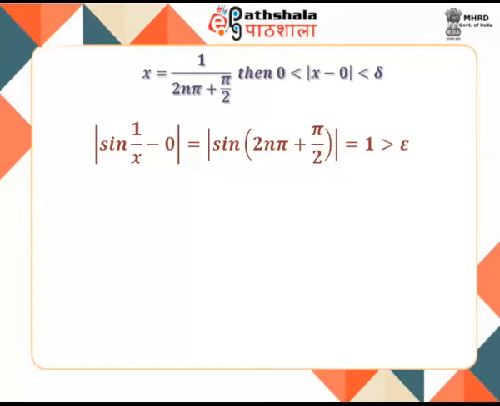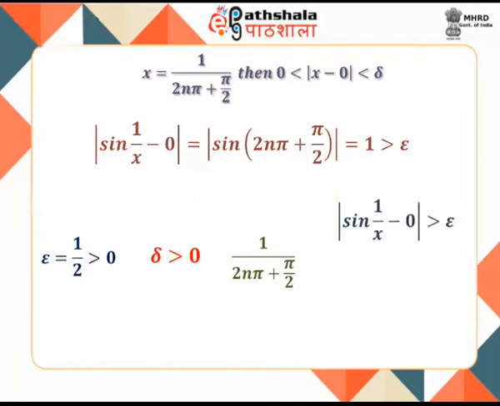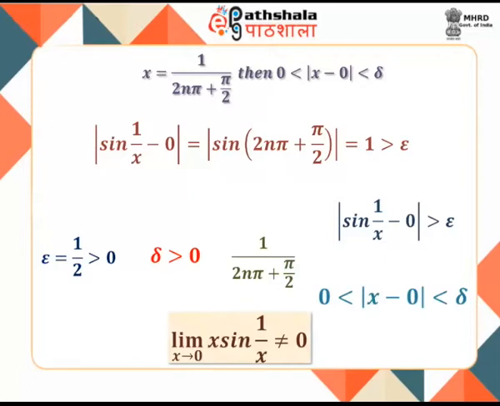Therefore, for epsilon equal to 1 by 2 greater than 0, for every delta greater than 0, there exists some point x equal to 1 by 2n pi plus pi by 2, for which modulus sine 1 by x minus 0 is greater than epsilon and modulus x minus 0 is greater than 0 but less than delta. Hence, limit x tends to 0 of sine 1 by x is not equal to 0.